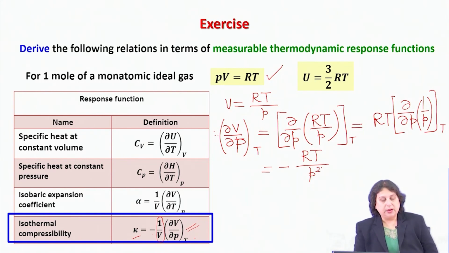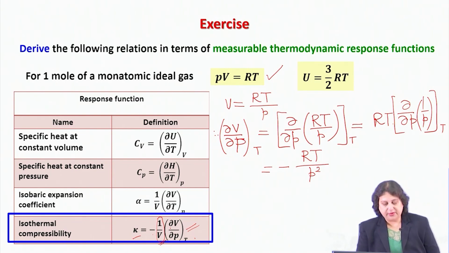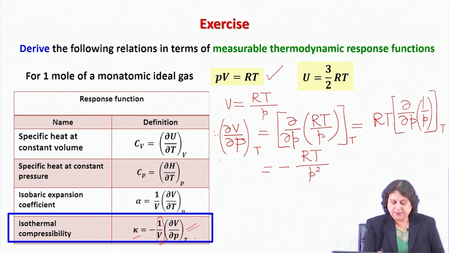Clear? Now once again, I am going to simplify this result. And also I note that I have minus 1 by V in front. Therefore, let me check what 1 by V del V del P at constant T is.